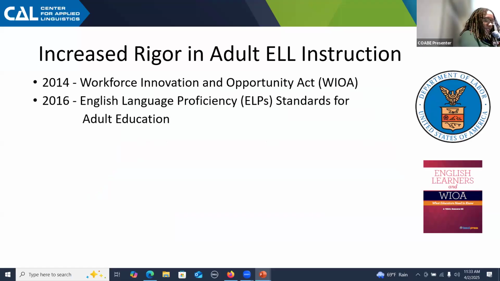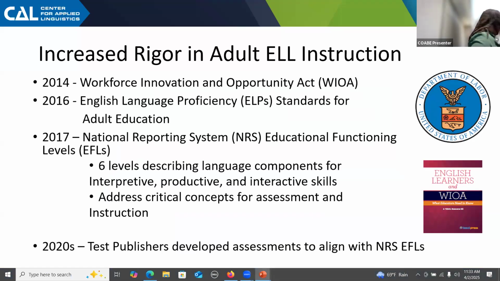In 2016, the English Language Proficiency Standards, or ELP standards, for adult education were introduced. And moving on to 2017, the National Reporting System released their educational functioning levels, or EFLs, which define 6 levels assessing interpretive, productive, and interactive skills. And these frameworks ensure that instruction and assessment align with real-world demands.